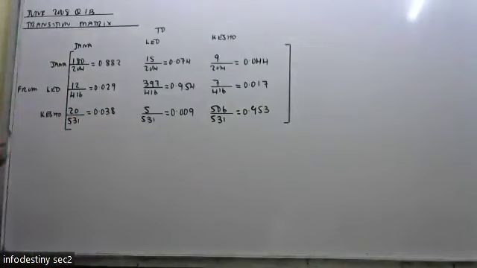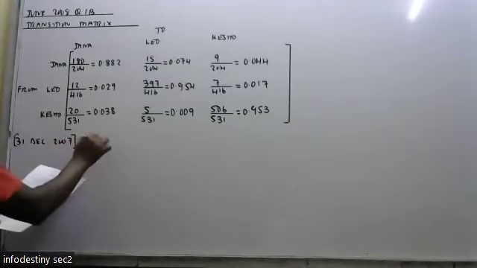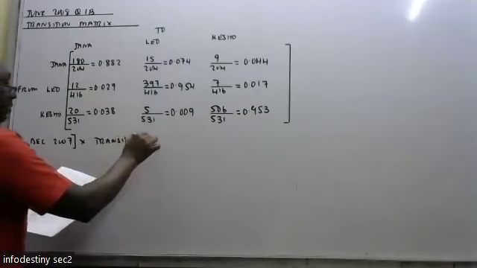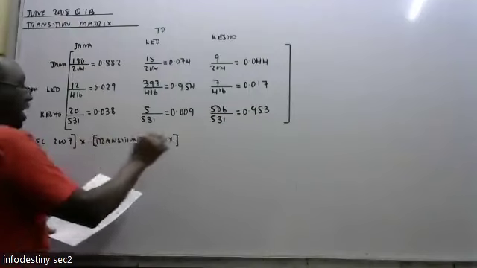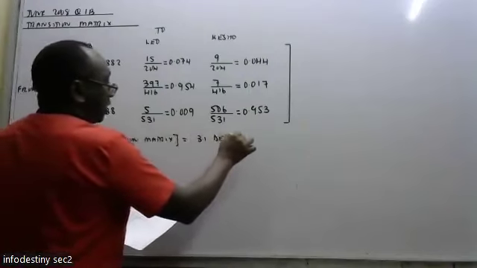So we argue that 1st of December 2007, when you multiply by the transition matrix, you should get 1st of December 2008.